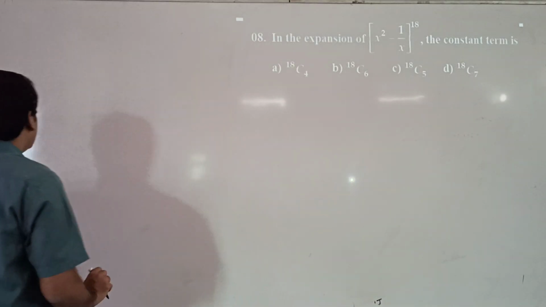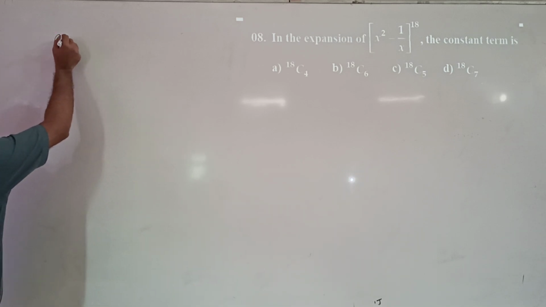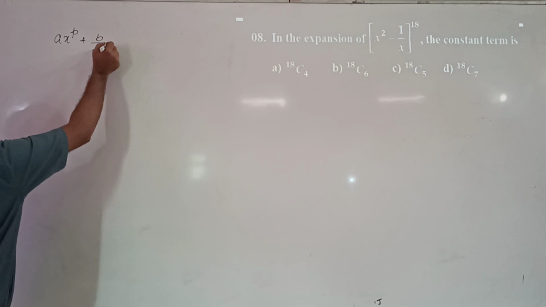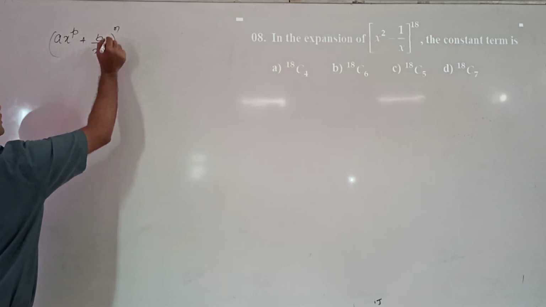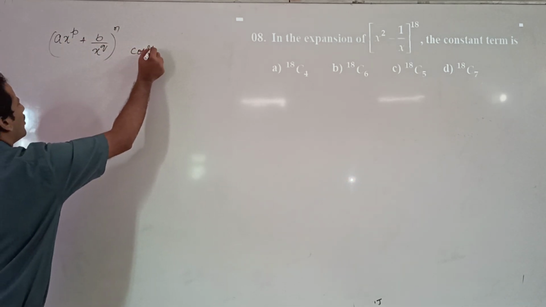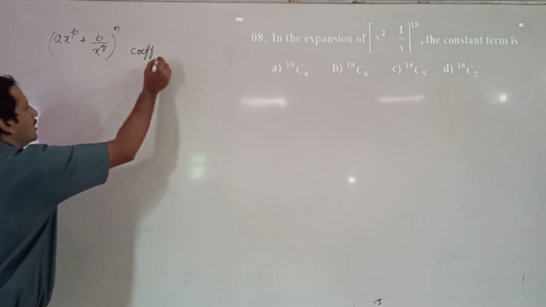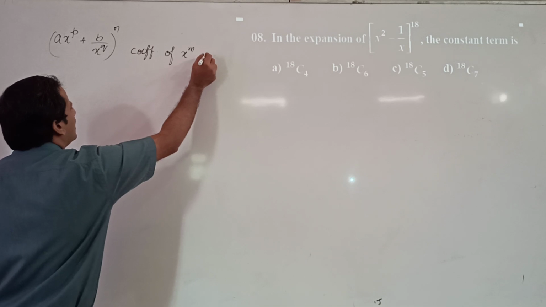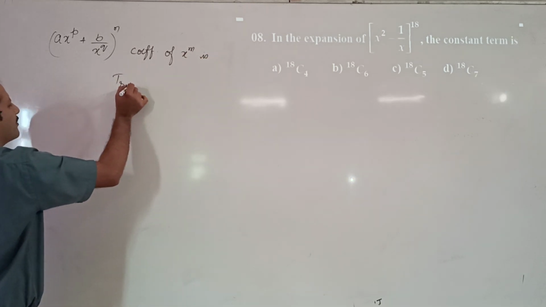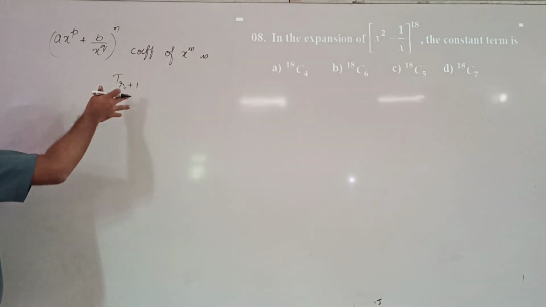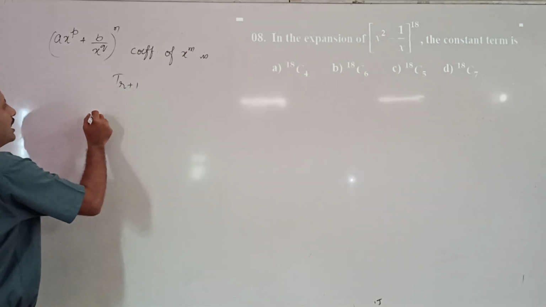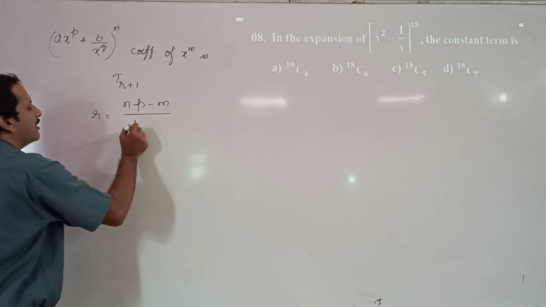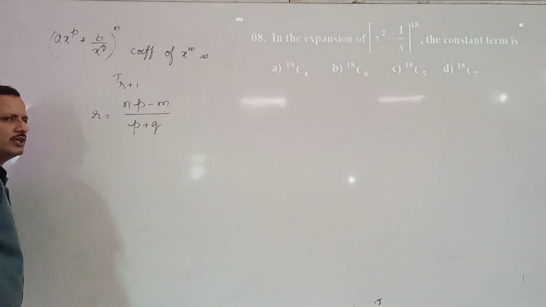You know one formula: in the expansion of (ax power p plus b by x power q) whole power n, the coefficient of x power m is given by the coefficient of T(r+1), where r is equal to (np minus m) divided by (p plus q). This is the shortcut you must know.